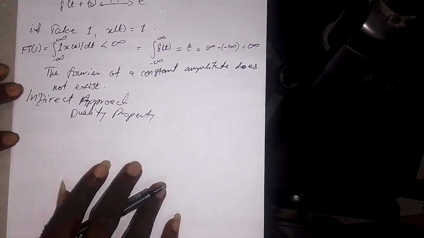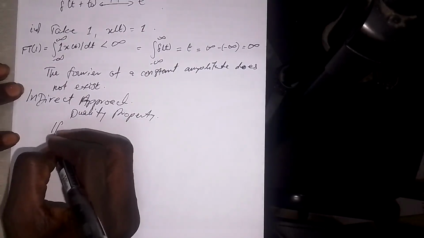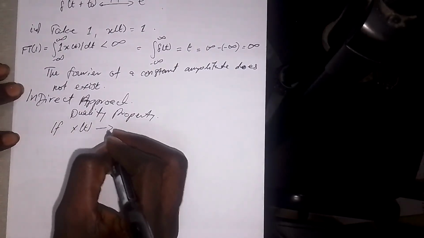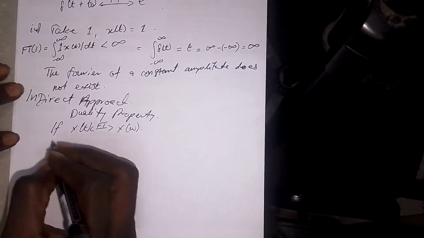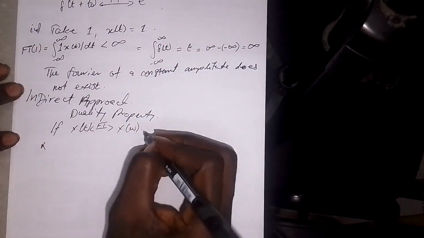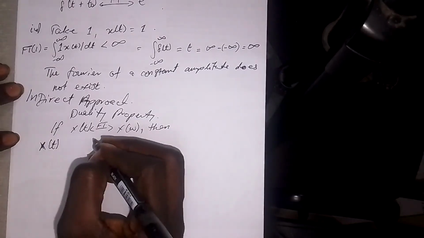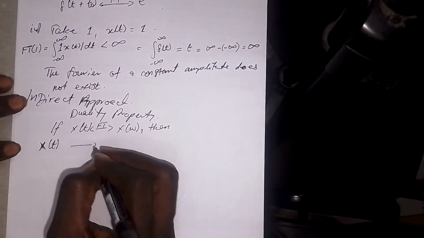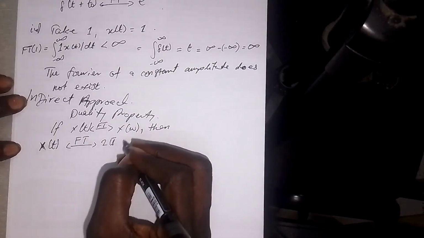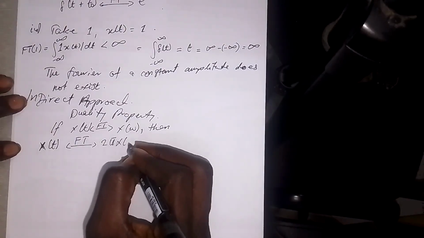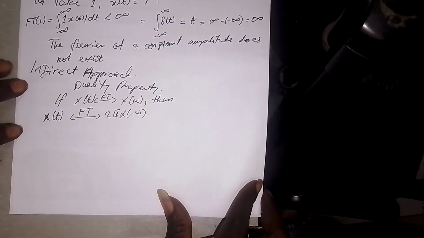From the duality property, we know that if x of t has a Fourier transform of x of omega, then x of t will have a Fourier transform of 2 pi x of minus omega.